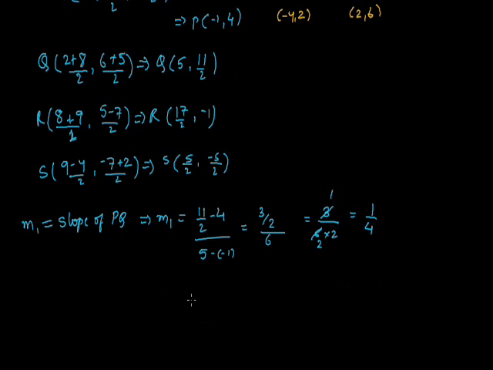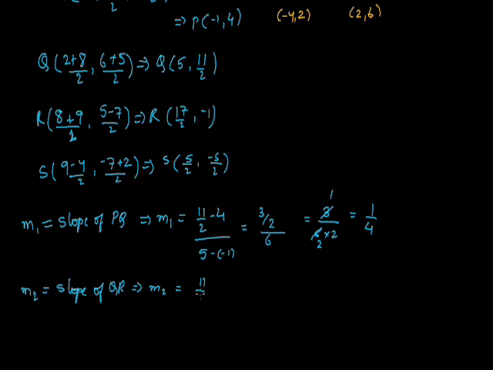Similarly, we shall calculate the slope of the line joined by Q and R. Slope of QR, M2, is equal to (y2 - y1) upon (x2 - x1).